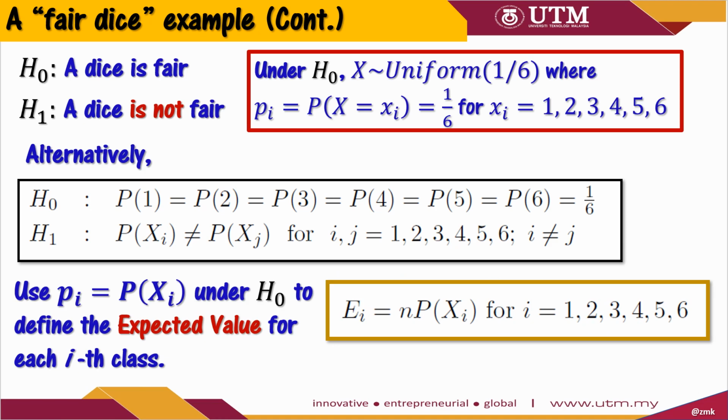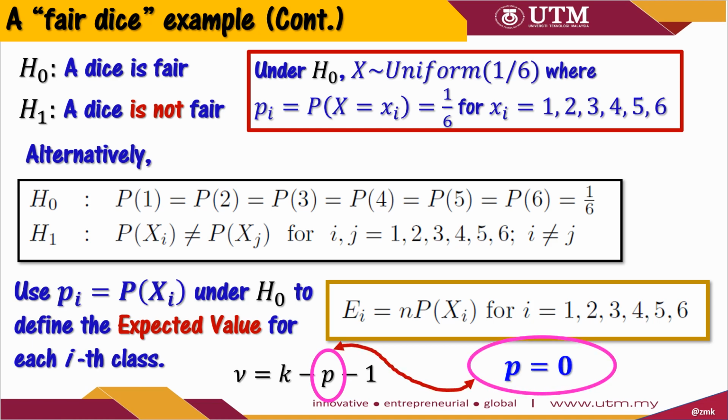After which we can calculate the chi-square test statistic. Notice that in this example, the number of parameters to be estimated, denoted by p in the degrees of freedom formula, is 0. Why is that so? Because we do not have to estimate any parameter in the distribution to work out the values of pi, as we already knew the pi values based on the distribution characteristic.